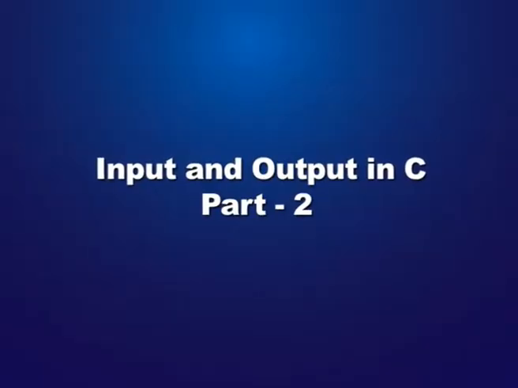Welcome to the second section on input and output in C. In the previous section, we learned about the input operations in C and got a hang of the output operations possible. In this module, we will learn about the standard output operations in detail.